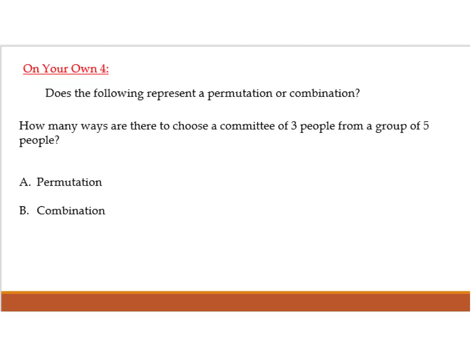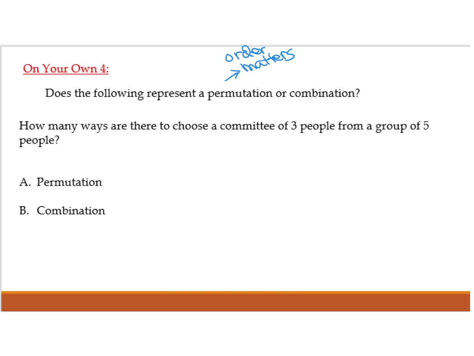All right, this one asks the question, does the following represent a permutation or a combination? Remember, in a permutation, order matters. In a combination, order does not. It asks, how many ways are there to choose a committee of 3 people from a group of 5?